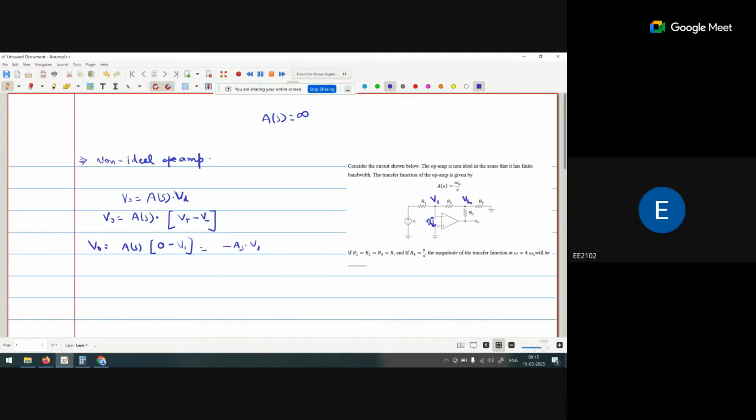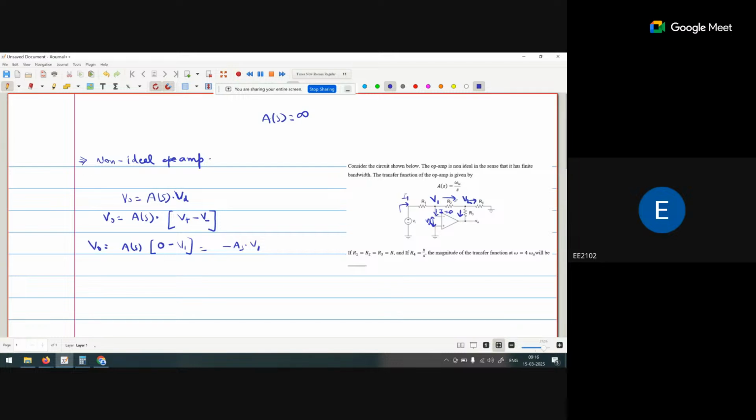Okay, now apply the KCL equation. The current that is coming from this one will be going in this direction. Similarly, the current coming in this direction will be divided in this one.